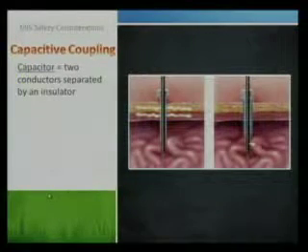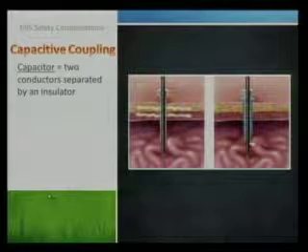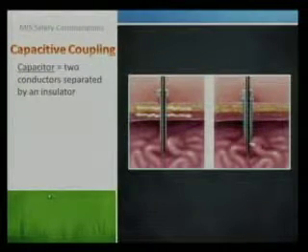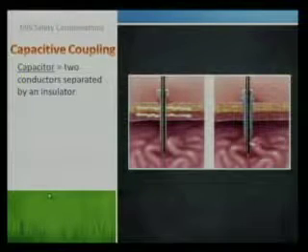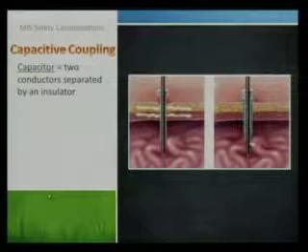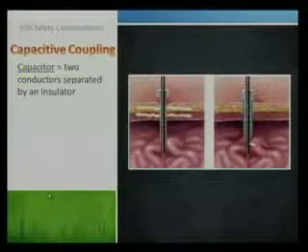And then a capacitor is made when you have a metal cannula and you have an insulator that separates two conductive things. So, you know, you put your metal instrument through the middle of a trocar, and then say there's an insulated sleeve, and then the trocar itself is metal. That holds a charge.